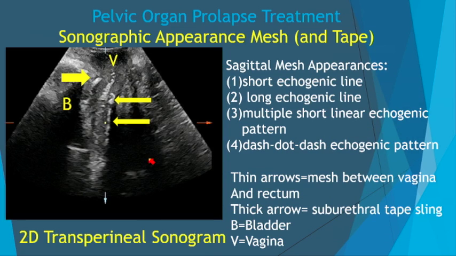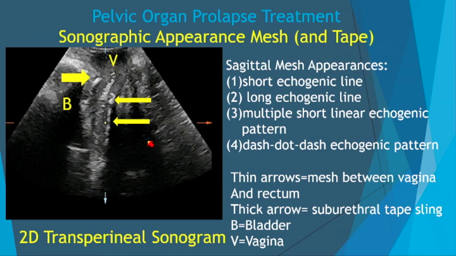Well, in ultrasound, mesh has multiple ways that it can present. And so these are the major ways that one can see or identify mesh. It can appear as a short echogenic line, very similar to the suburethral sling, except in this case, generally it's not in the position of the suburethral sling. It can be a long echogenic line, multiple short linear echogenic lines, or it can be a dash dot dash echogenic pattern.